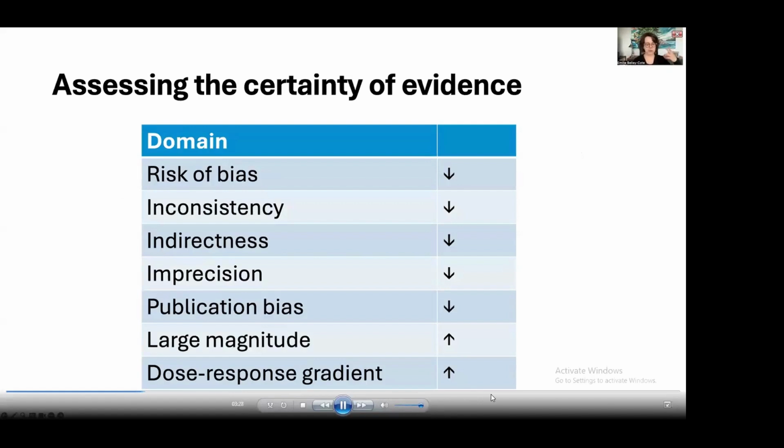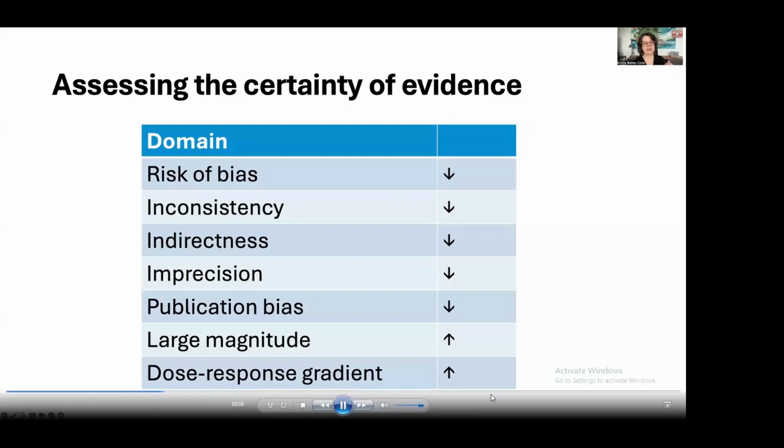So a trial, or a body of trials, would go from high certainty of evidence to moderate if we downgrade in 1 domain, to low if we downgrade in 2 domains, or to very low if we downgrade in 3 domains. Meanwhile, if we were working with observational data, we could go up or down because the last 2 domains could allow you to increase the certainty of evidence.